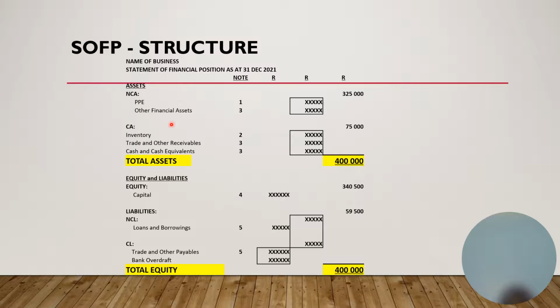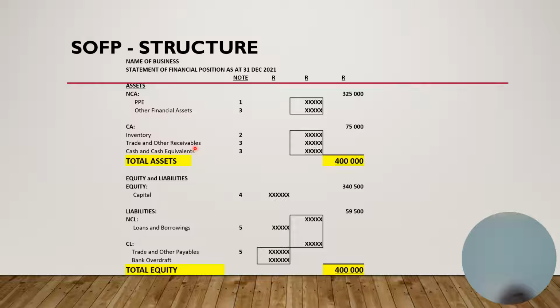Then we go to the current assets. Your current assets will be your inventory. This amount, you get it in note number 2. The amount you put here for inventory is always the closing amount of inventory at the end of the period. There's no calculation for it, you just put it there. You'll see from the pages I've given you.